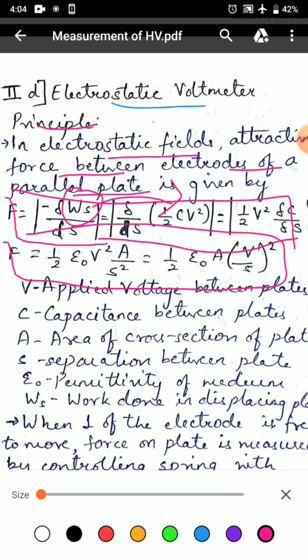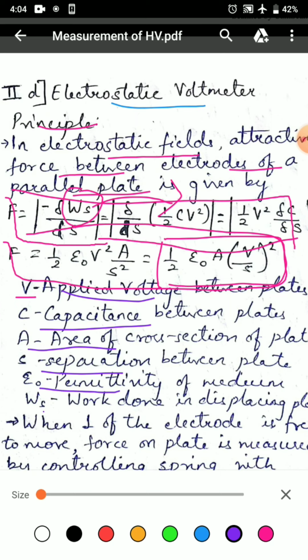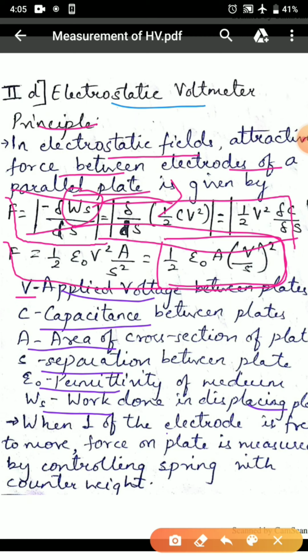The equations are rearranged here, where V is applied voltage, C is capacitance between plates, A is area of cross section of plate, S is separation between plates, epsilon naught is permittivity of medium, and Ws is work done in displacing the plates. When one of the electrodes is free to move, the force on the plate is measured by controlling spring with counterweight.